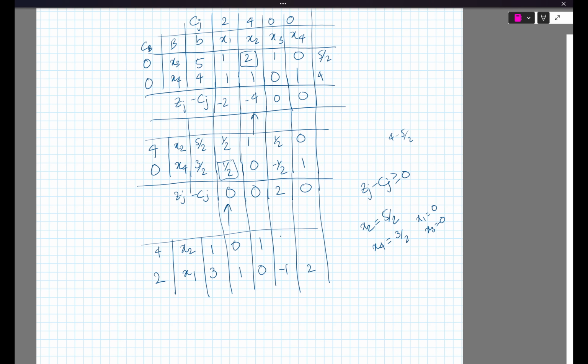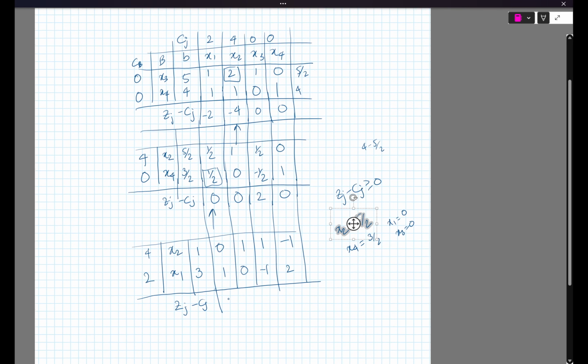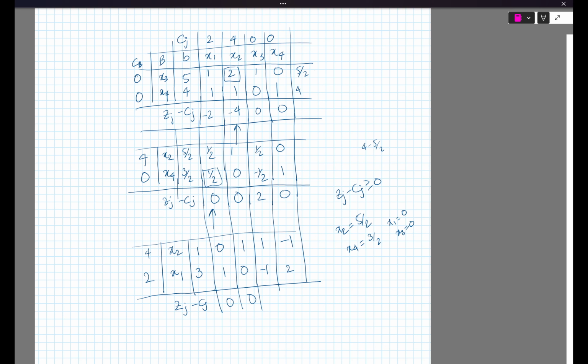So again I can look at zj minus cj. So this is 2 minus 2 0, 4 minus 4 0, and this is 4 minus 2 2, and minus 4 plus 4 0.